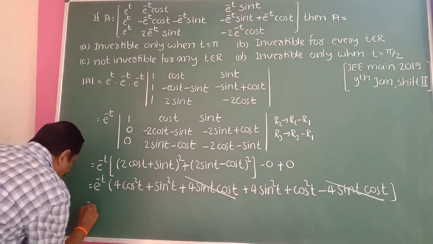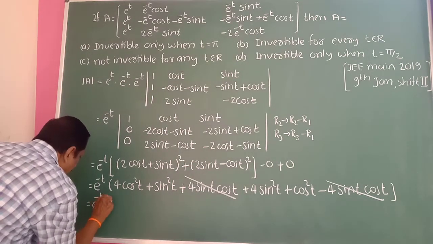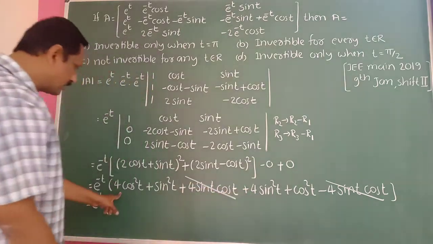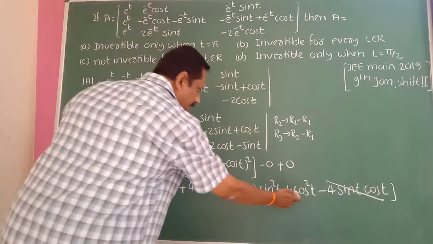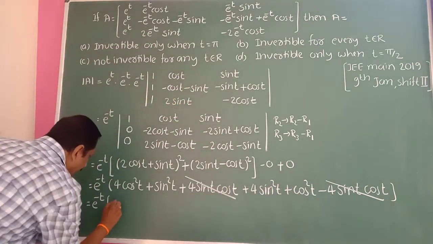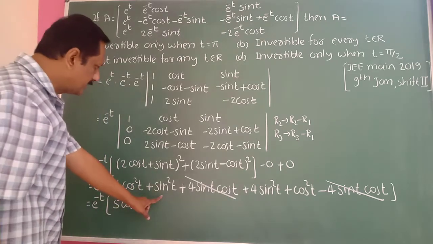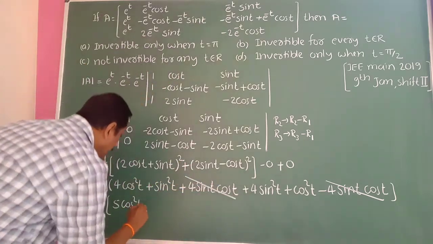Therefore this is equal to e raised to minus t into bracket. 4 cos square t plus cos square t becomes 5 cos square t here. So write 5 into cos square t. Sin square t plus 4 sin square t gives 5 sin square t.